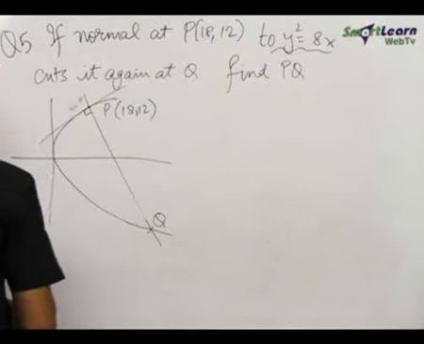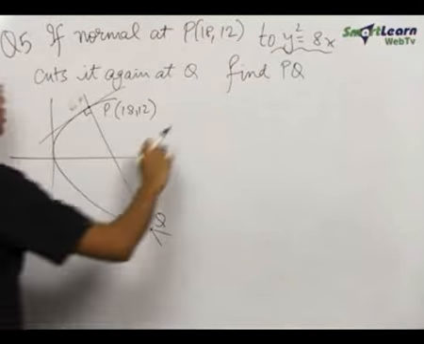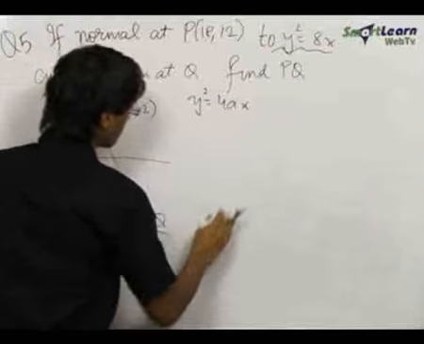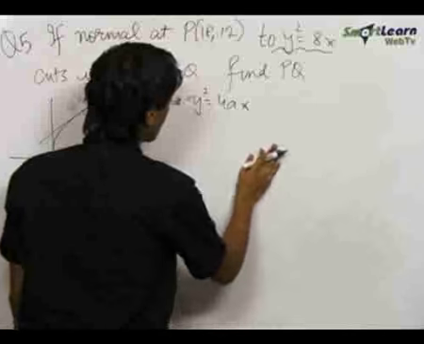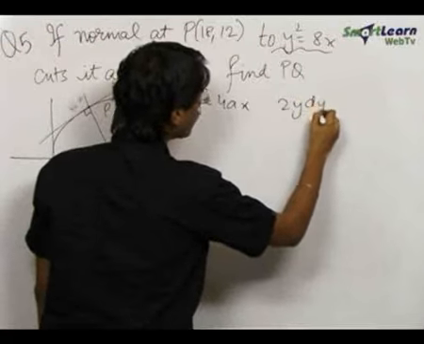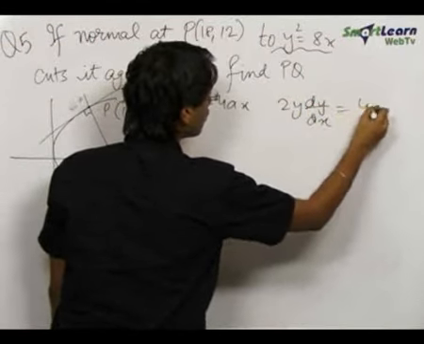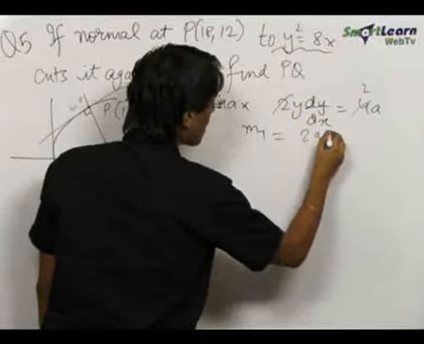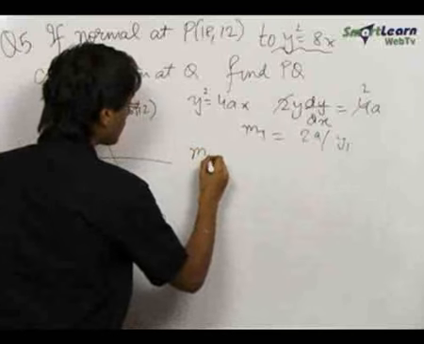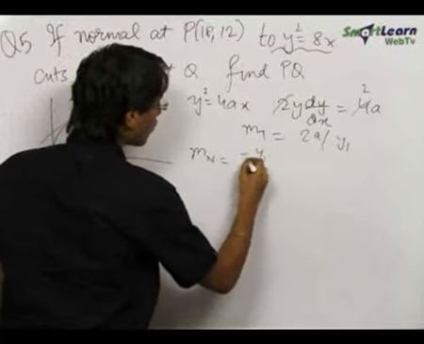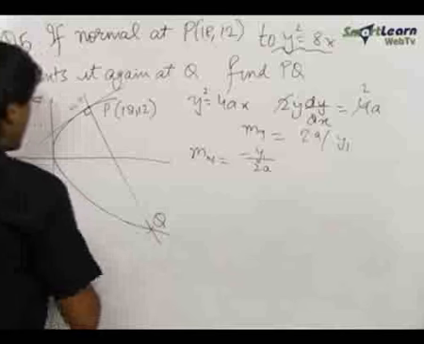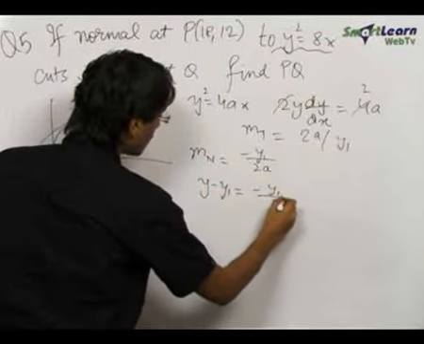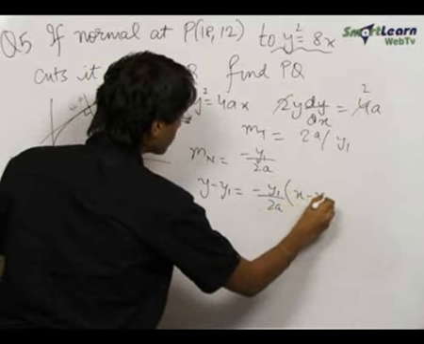So what we can do is, we know that the slope of tangent for parabola y square is equal to 4ax can be found out by differentiating this equation. 2y dy by dx is equal to 4a, hence slope of tangent is equal to 2a by y1, and hence the slope of normal becomes minus y1 upon 2a, and hence the equation of normal can be written as y minus y1 is equal to minus y1 by 2a into (x minus x1).